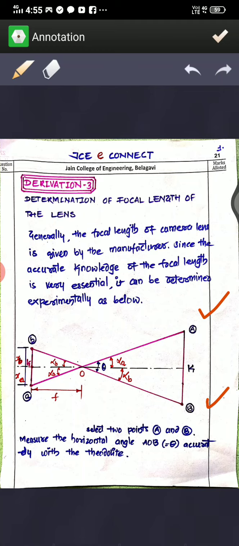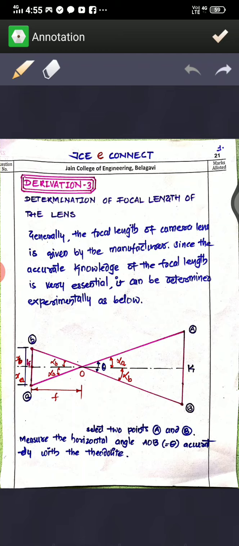Then you take the angles alpha A and alpha B with respect to capital A and B on the ground. As we discussed previously, on the negative you will have the reverse image: A is at the downside and B is at the upper side.